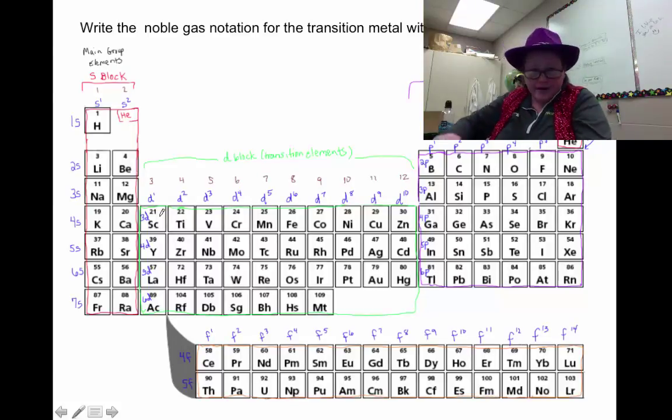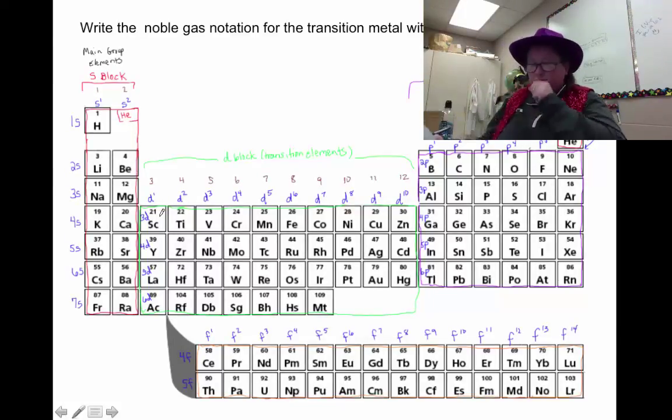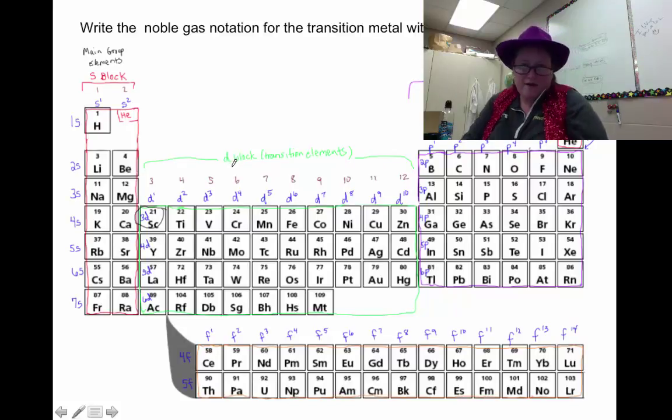Oh, there's a periodic table right in front of me. It's a good thing I have these glasses on because I can see it. The mass of scandium is 44.96. The one right next to it is definitely more massive, 47.87. So scandium is the transition metal with the smallest atomic mass.